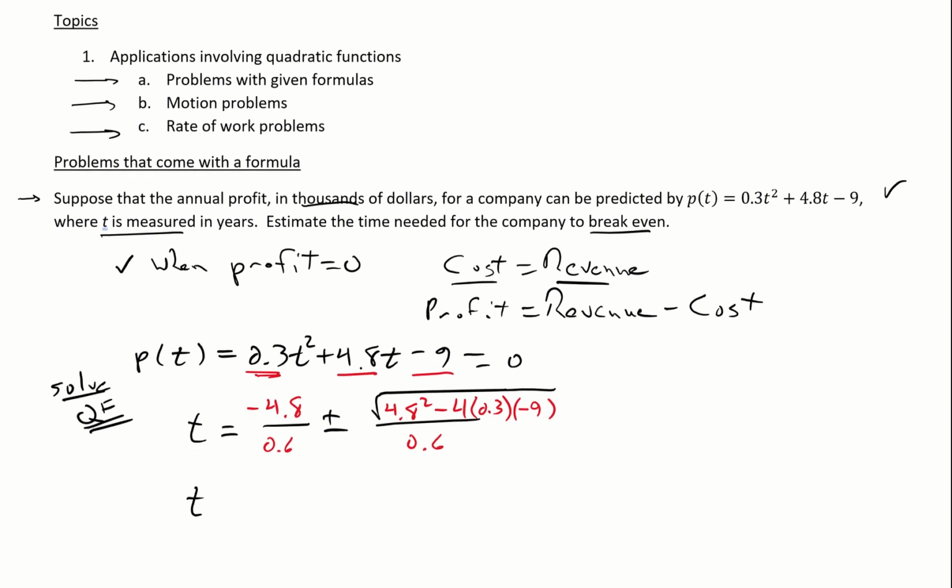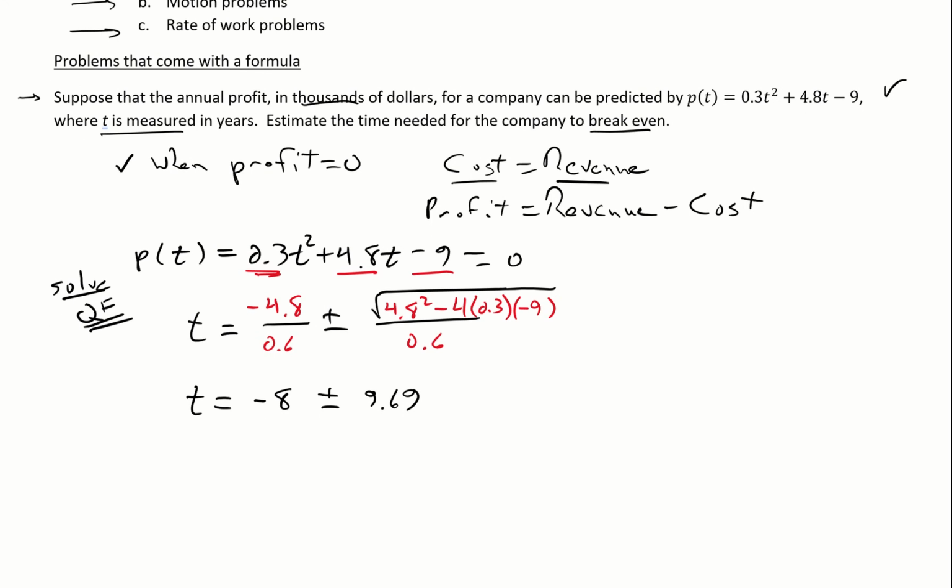In this problem, what I got was negative 8 out in front, and then plus or minus, when you do that math, about 9.69 roughly. There are two choices here. One is to say t is equal to minus 8 minus 9.69, but this is negative, and I'm thinking in time, that won't do.